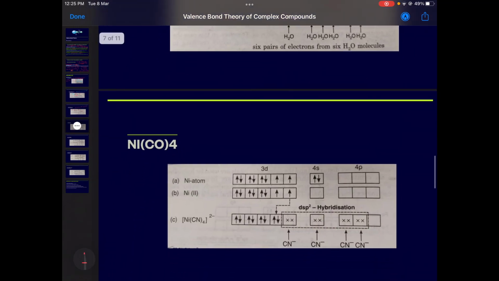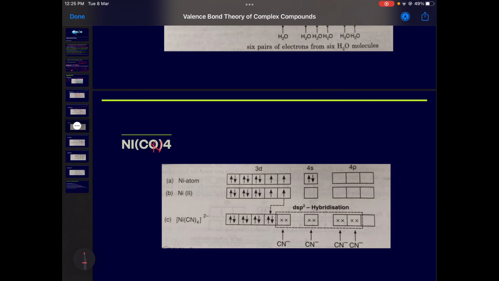Similarly, [Ni(CN)4]2-. So x minus 4 equals minus 2, so x becomes 2.